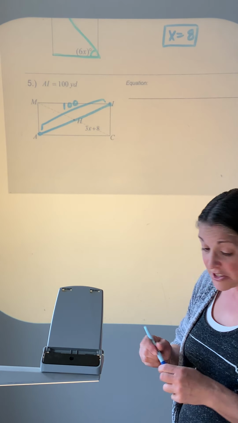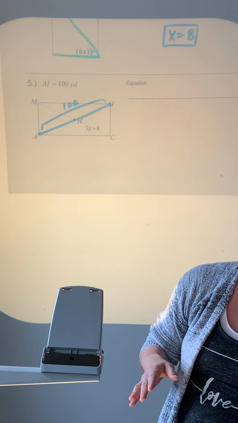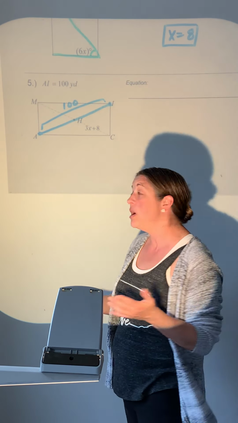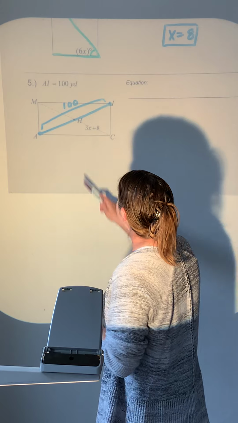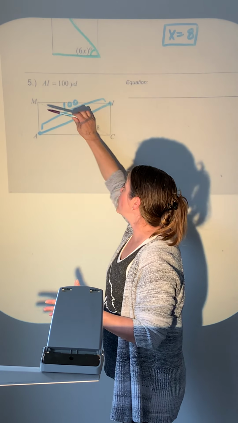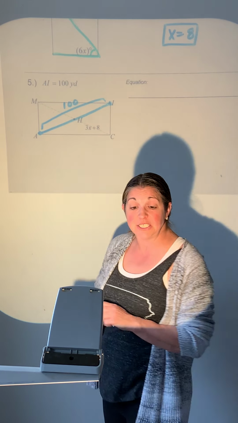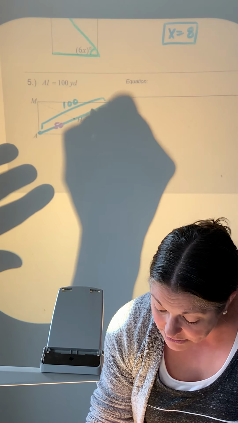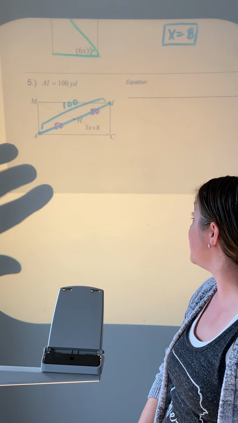There are lots of different things we could do here. My suggestion, let's try to keep it as simple as possible. First thing I do know is that if this entire thing is 100, the diagonals bisect each other, so each of these parts will both be 50.